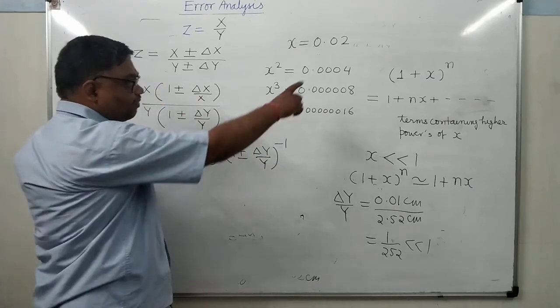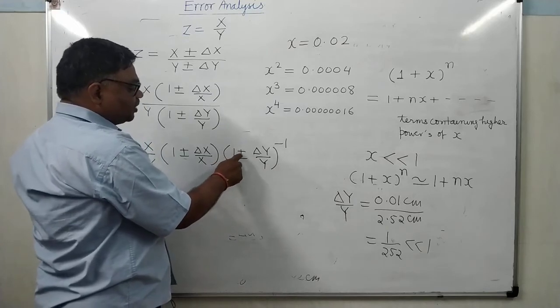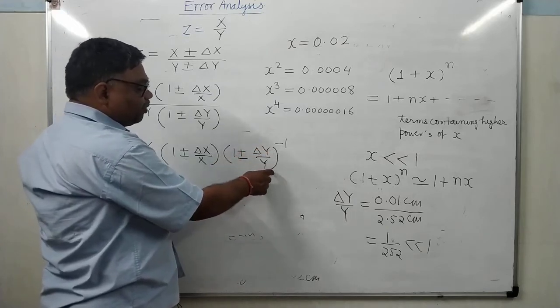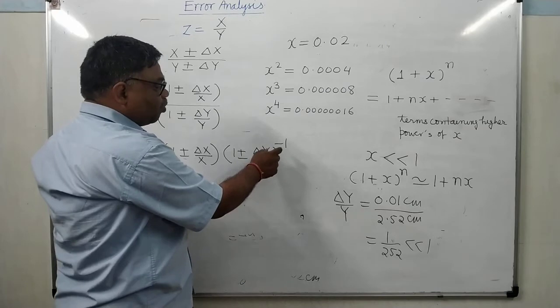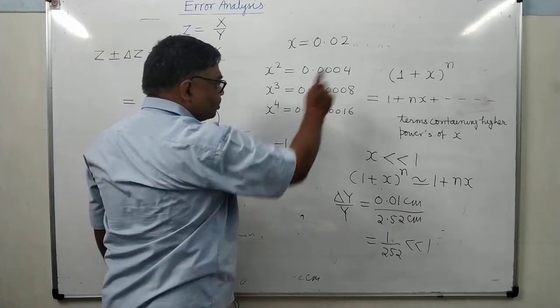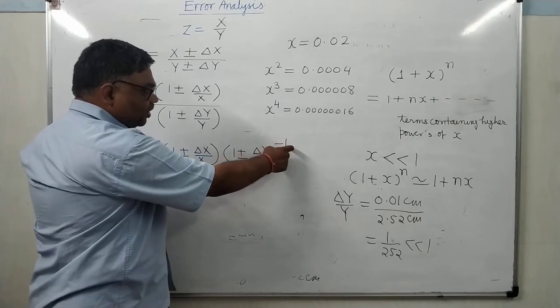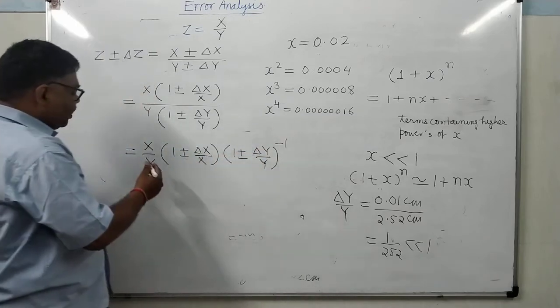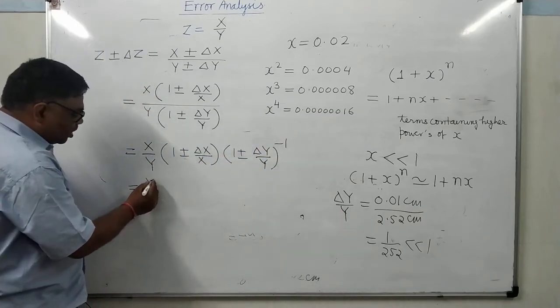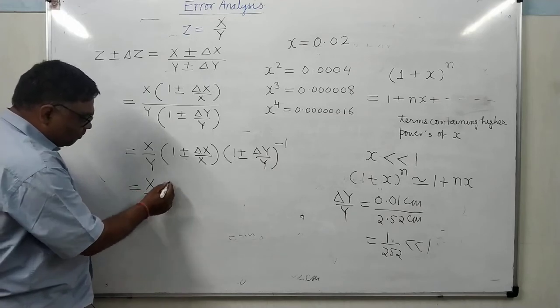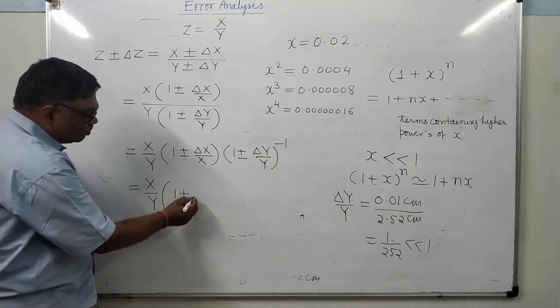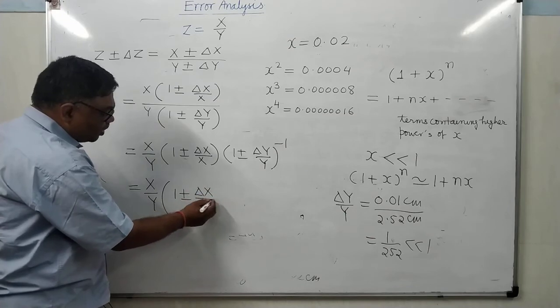You can compare: 1 plus minus here, what is in place of x? This thing. What is in place of n? Minus 1. In place of x is this, in place of n is this. So what will you write in the next step? You can write x upon y times 1 plus minus delta x upon x.